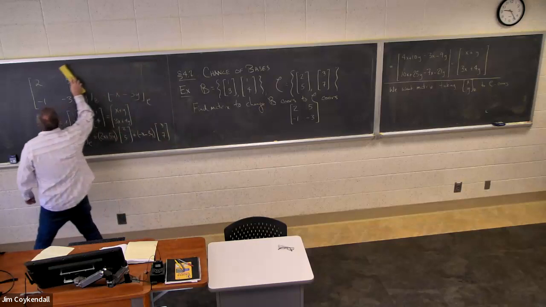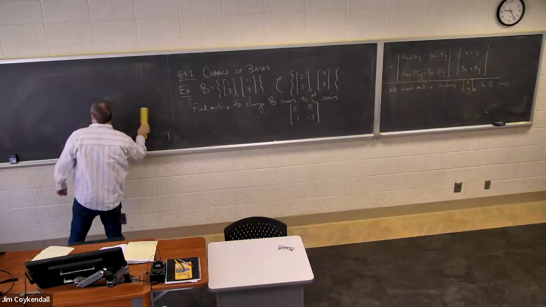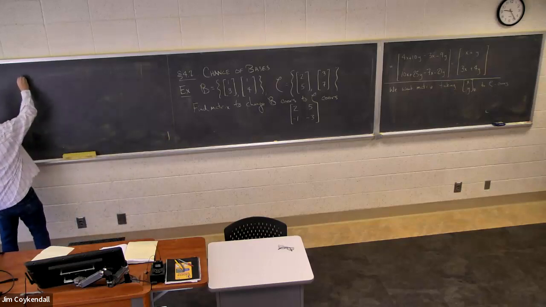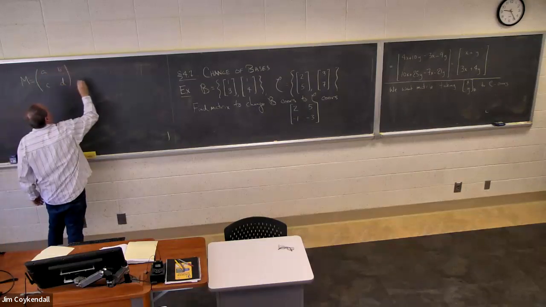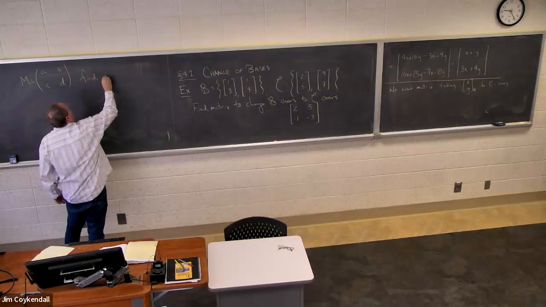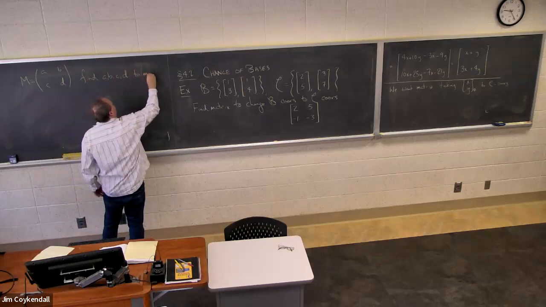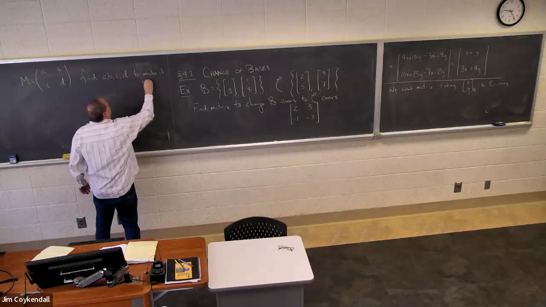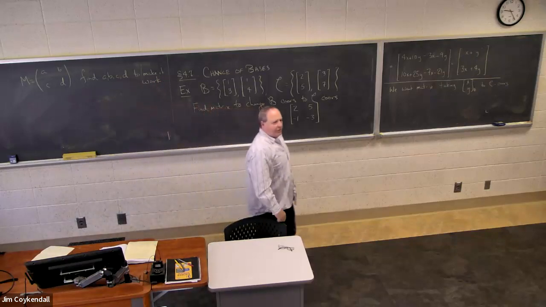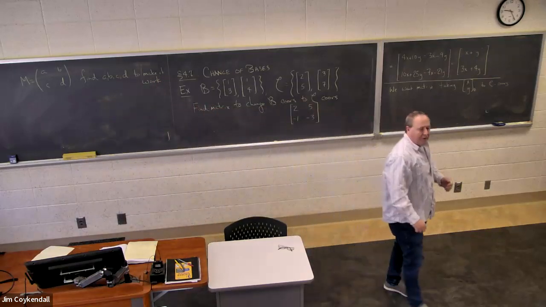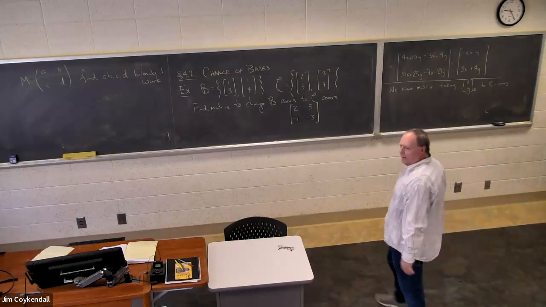So let me set this up. We know that our matrix M is this. So we want to find A, B, C, D to make it work. And this is really from scratch. But again, it's linear algebra. All you have to do is set it up. Okay, so what do we got to make happen?